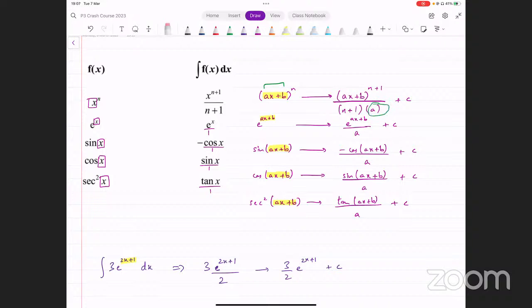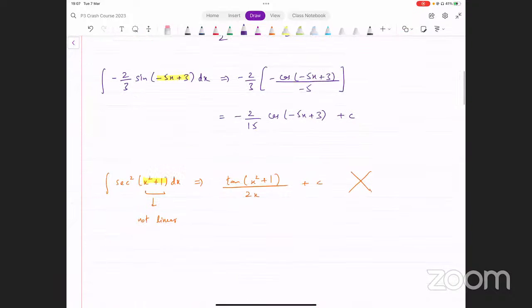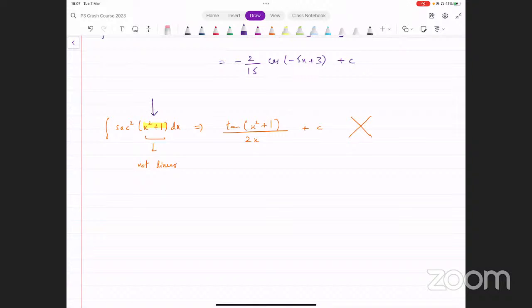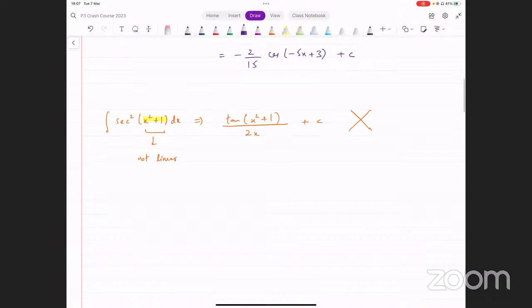We did these rules yesterday. If the expression inside is not linear, for example x squared plus 1, the rule does not work. You cannot integrate like this.